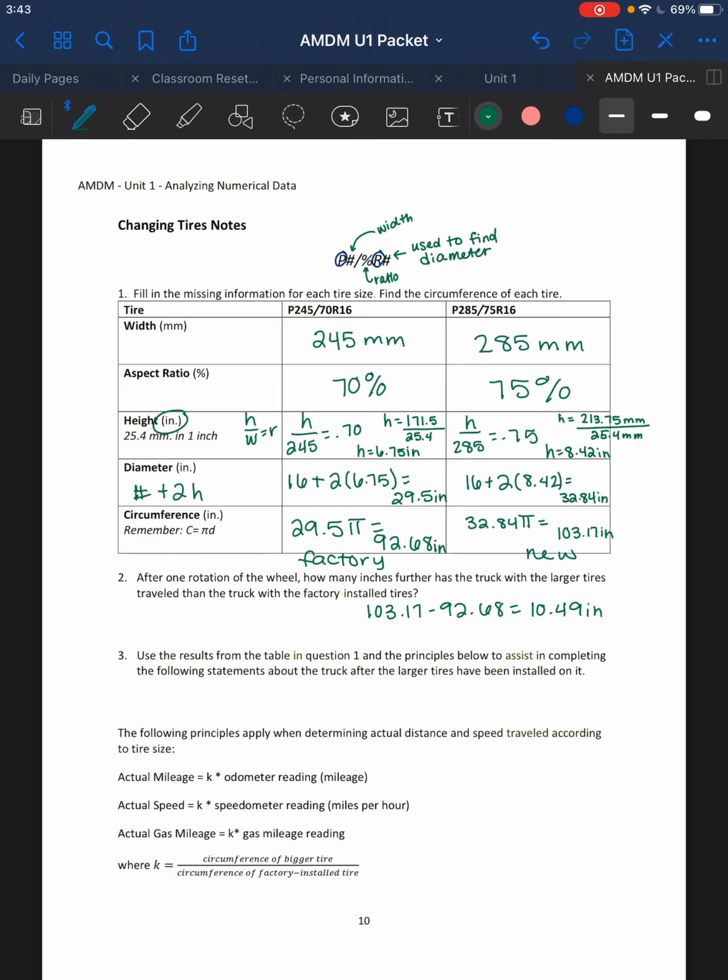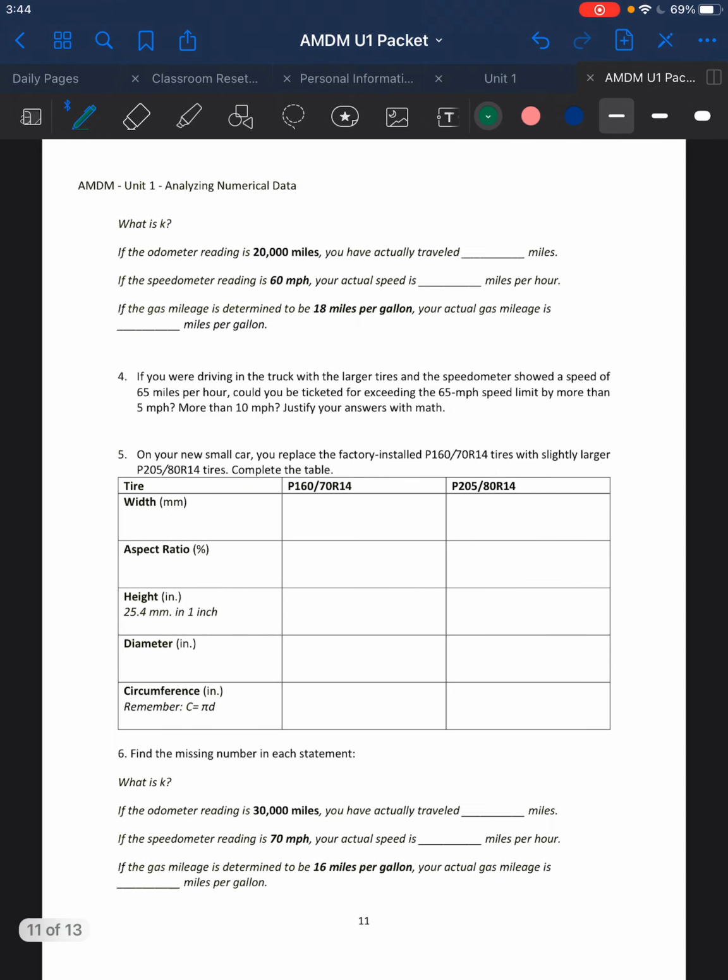Using the results from the table above, we want to find out some information. Your page actually turns, so if you turn the page, we want to find K. K is the circumference of the bigger tire over the circumference of the smaller tire.